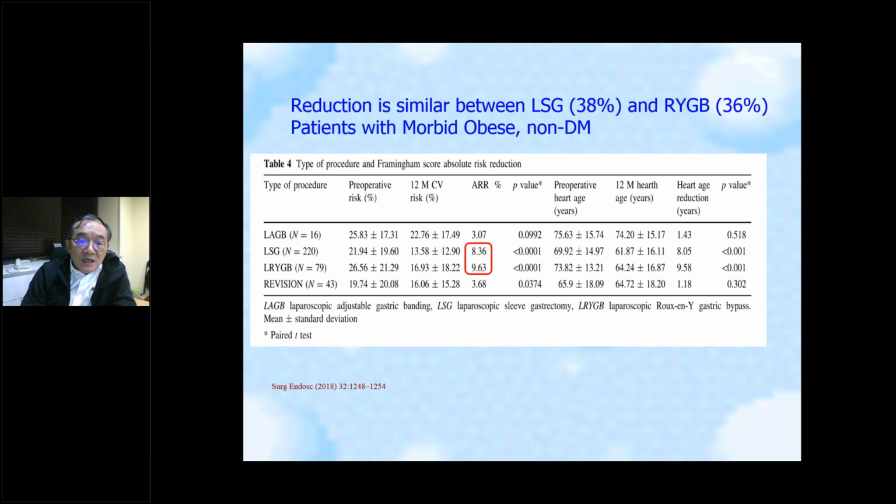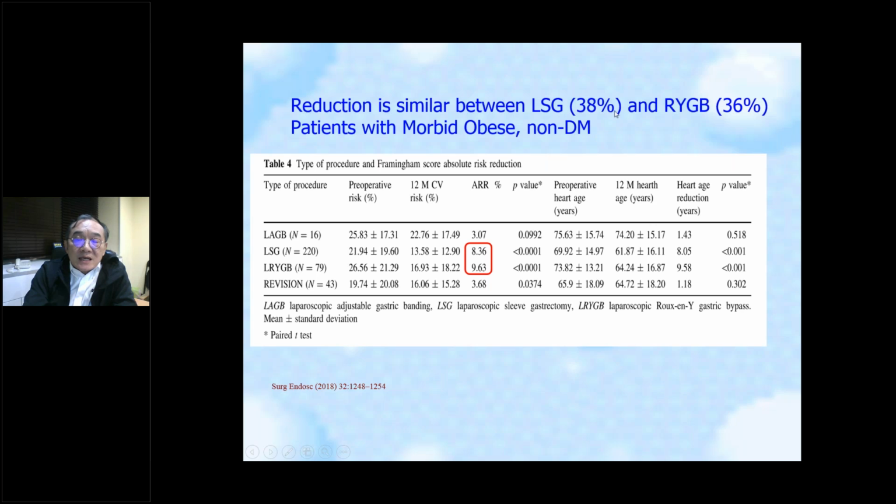So in morbidly obese patients, sleeve had the same efficacy as gastric bypass in weight reduction as well as in CVD risk reduction. This is what the paper tells us.